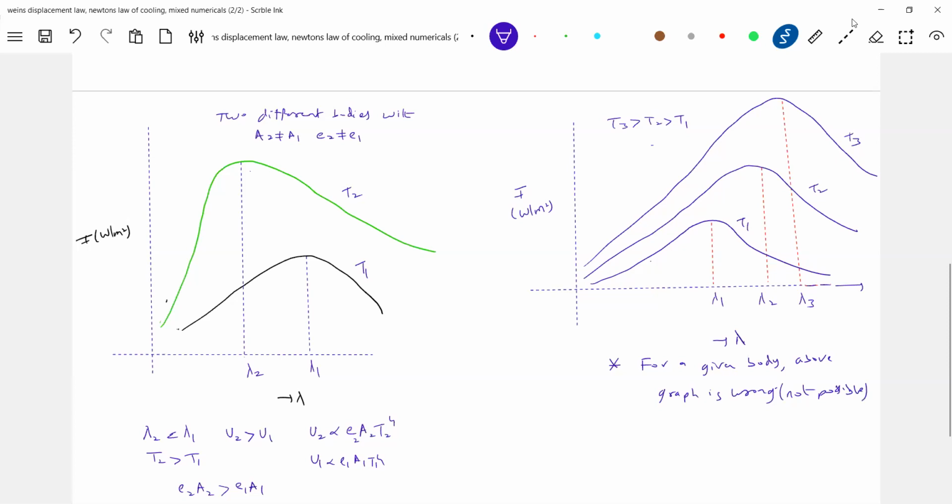Now come to this one. For three different bodies, is it possible? Again, this condition T3 greater than T2 greater than T1 should not happen, no?